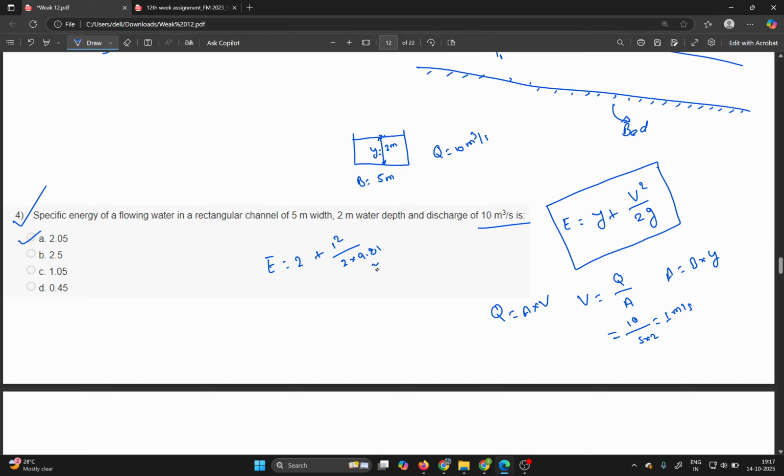For calculation purpose, I'll take 10, so 2 plus 1 by 20. So here I'll get 2.05, and the unit will be meter. Remember, please, specific energy should be in meter. Little bit correction. So option A will be correct.